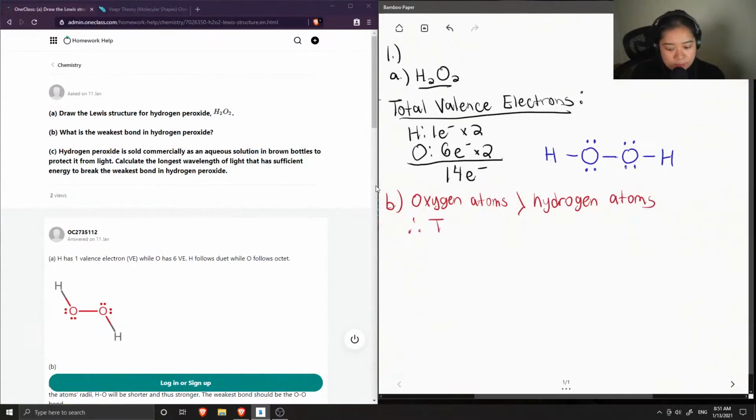So therefore, the interatomic distance in a bond containing hydrogen and oxygen is much smaller than the bond between the 2 oxygen atoms.